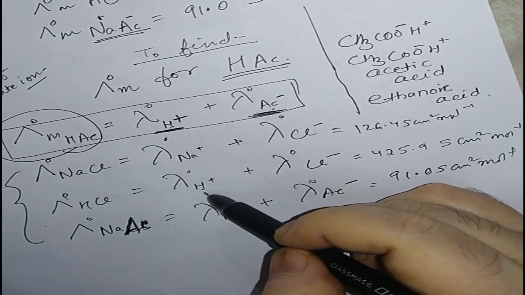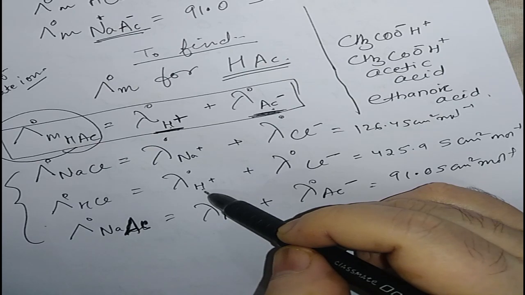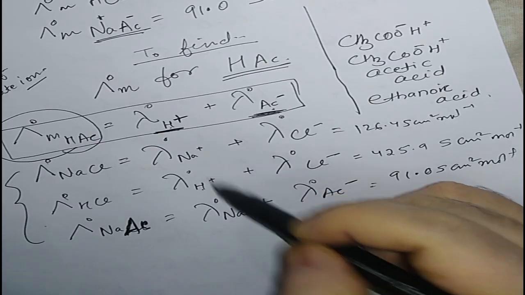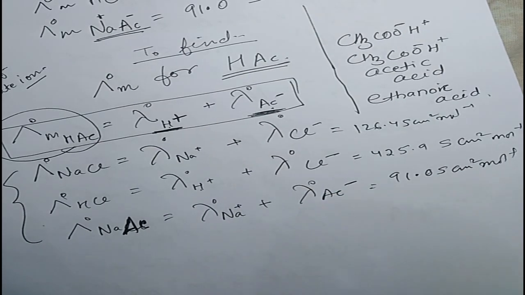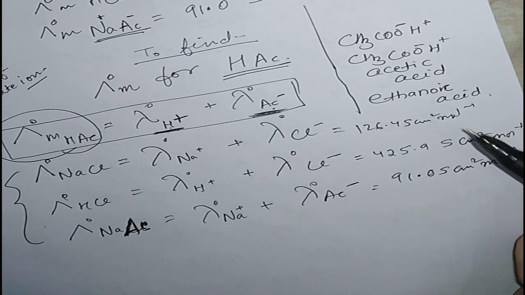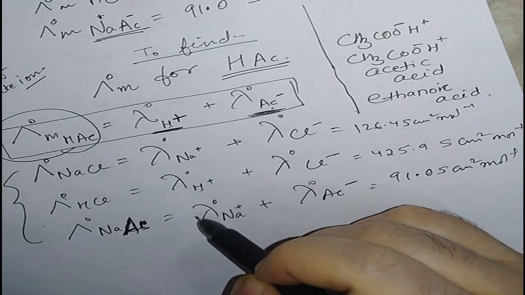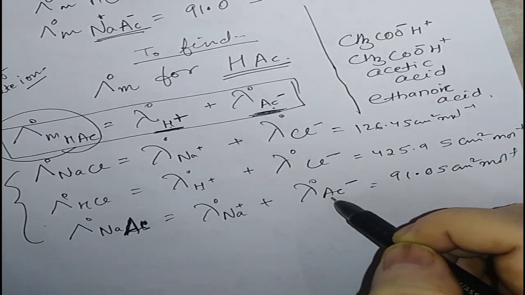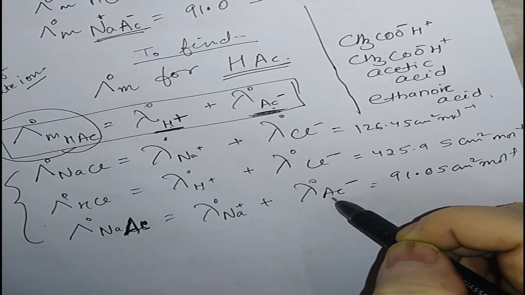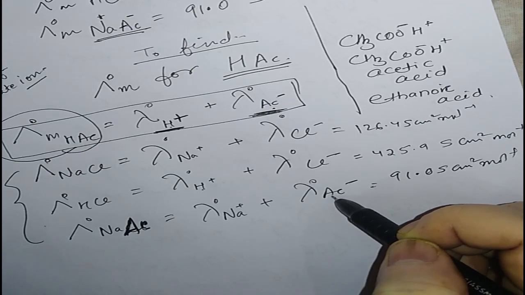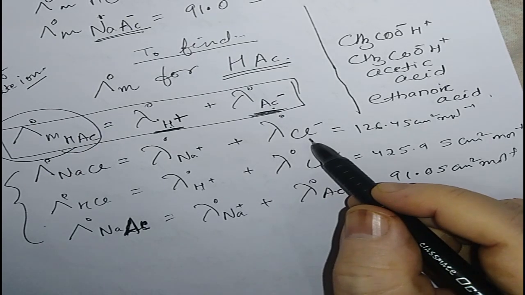We can keep this as it is. What we need to do is subtract Na and Na. AC has to remain this side, Cl has to go that side.